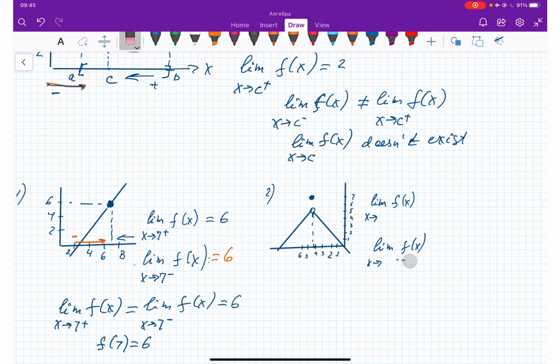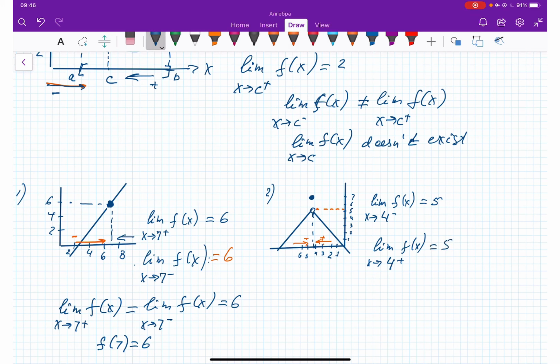Working with a whole number is much more pleasant. So what we have, we are approaching 4 from the negative side. It's approaching what? 5, right? It's equal to 5 from the left side. From the right side, from the positive side, approaching 4, it's going to be equal again to 5.